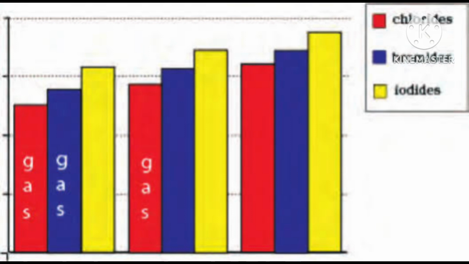Reagent, as for example NaOH or KOH, will react as the nucleophile. The nucleophile we can represent as Nu. Here it is OH minus.